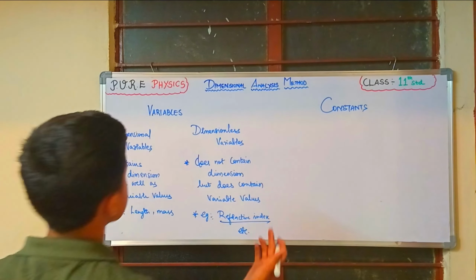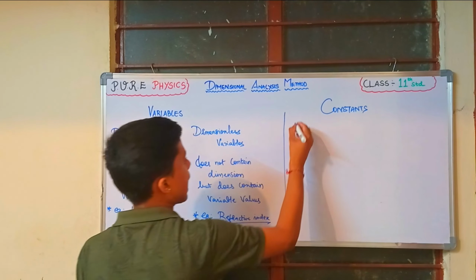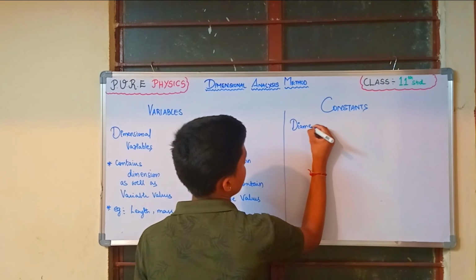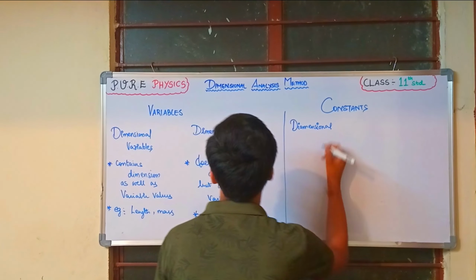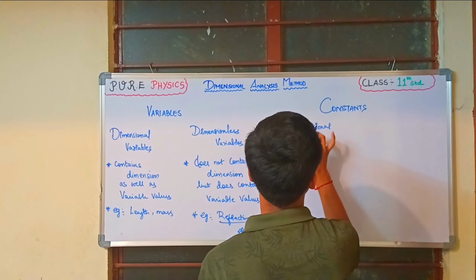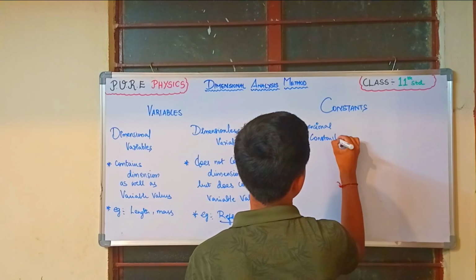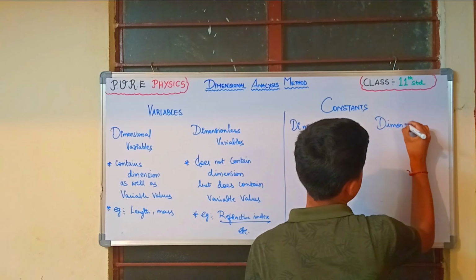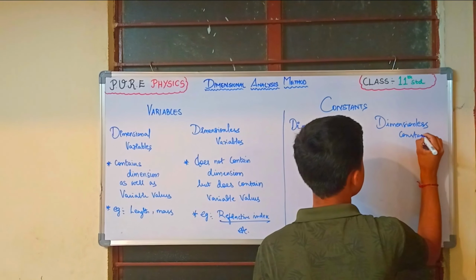So we have two types, dimensional constants and dimensionless constants. So what are these?